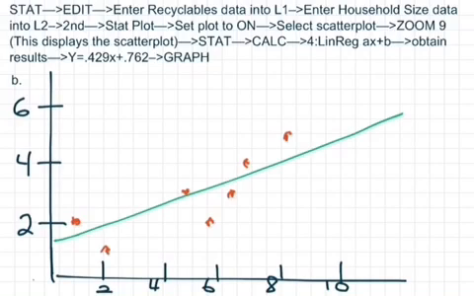Here, a look at our scatter plot shows a positive and moderate to possibly strong correlation between the variables. It appears that we might have a trend showing that as household size increases, the number of pounds of recyclables discarded also increases.